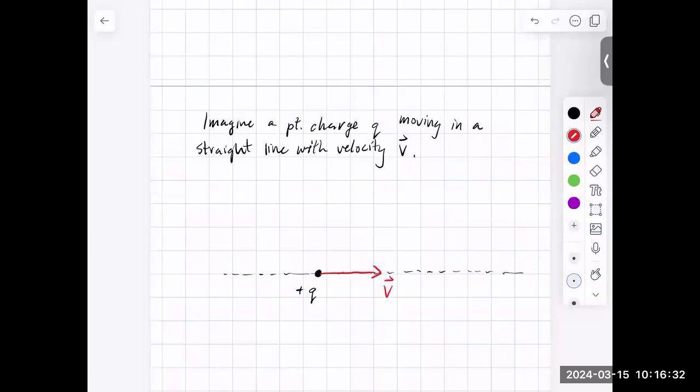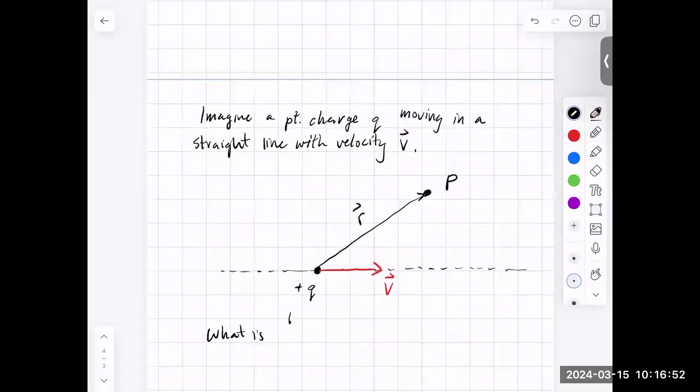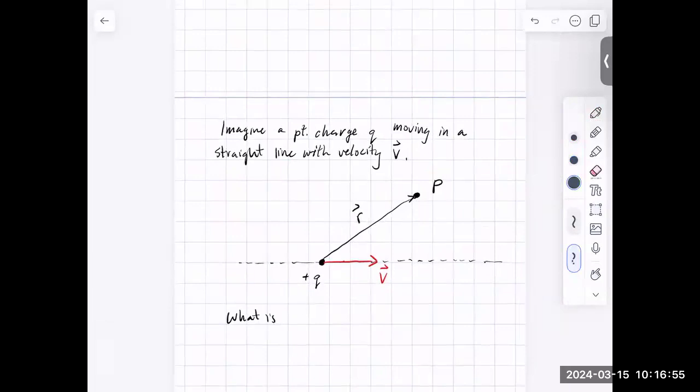And the question is going to be, if we go out to some point P over here, where this is the position vector from the charge to that point P, the question is, what is the magnetic field B at P due to the moving charge?